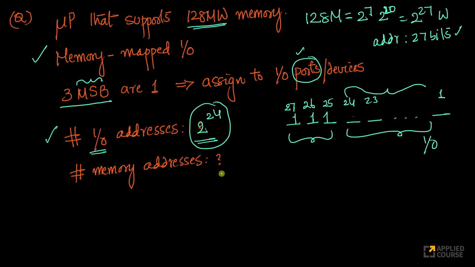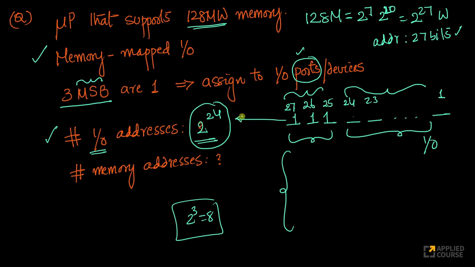How many memory addresses are there? Except for 111, how many other combinations are possible for these first 3 bits? There are 2 power 3, which is 8 possibilities. Out of these 8, 1 is assigned to IO devices, which leaves 7 other possibilities for these first 3 bits, ranging from 000 up to 110.